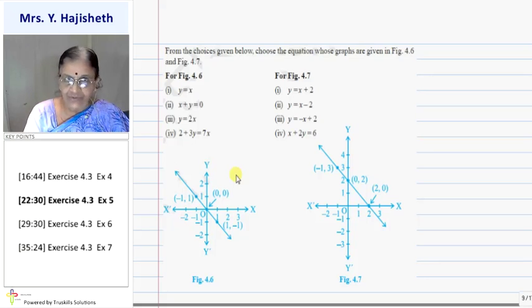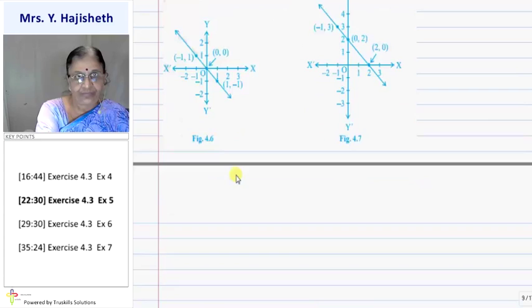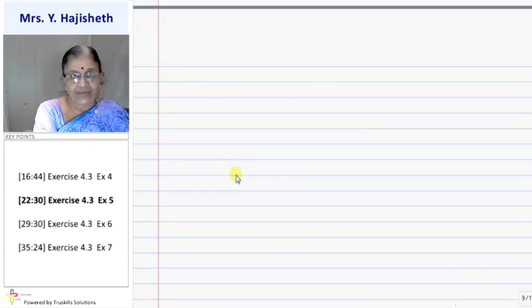Y is 2x is also not satisfied by the point (1, -1). Now another point is (-1, 1). (-1, 1) is also not a solution of y is x as well as y is 2x. So both (1, -1) and (-1, 1) are solutions of the equation x plus y is 0. So 4.6 is the graph of x plus y is 0.